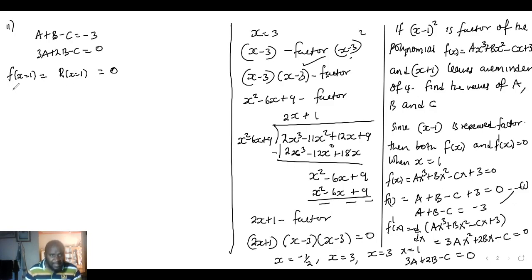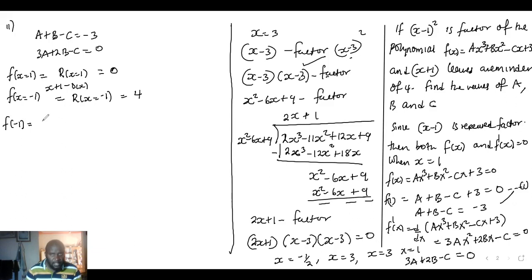But now they say when the function has been divided by x plus 1, this is our divisor, the remainder should be found when x is equal to negative 1. And that remainder has been given as 4. So substitute in the function f of negative 1. What do you get?